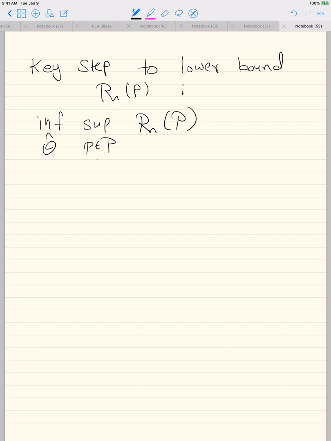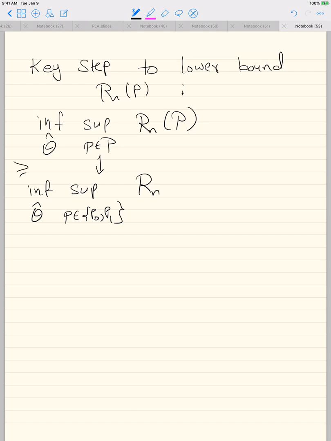What we are going to do is replace this by inf over theta hat sup over p in {p0, p1} Rn. Instead of taking all possible p's, we are only going to select 2 of them. And that is clearly going to give us a lower bound.